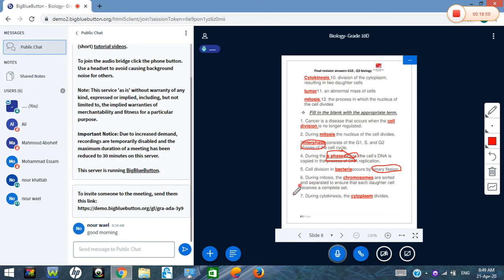Number 6, during mitosis, the chromosomes are sorted and separated to ensure that each daughter cell receives a complete set.